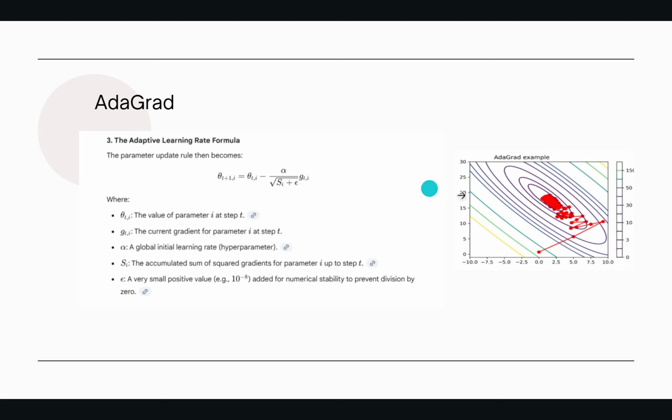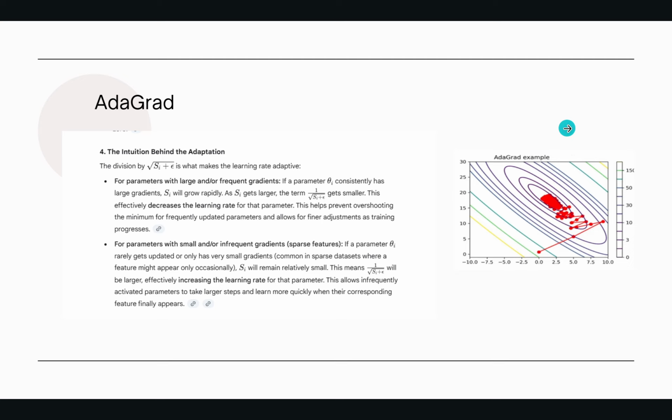So let's try to interpret what this means. It means that if we have very large, frequent updates, we want to decrease the learning rate for that parameter, because we don't want to overshoot the minimum by taking steps that are too big.